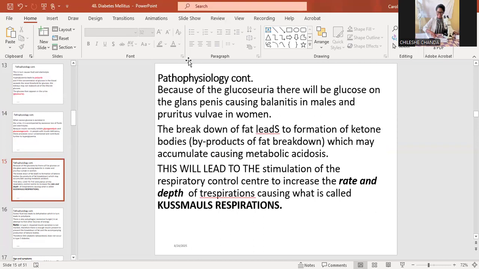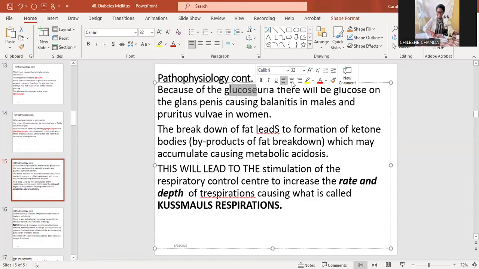Okay? Now, because of the glucosuria in this patient, as the patient is urinating, glucose will start settling on the glans penis if it is a man, and if it is a woman, there will be sugar molecules settling on the vulva.